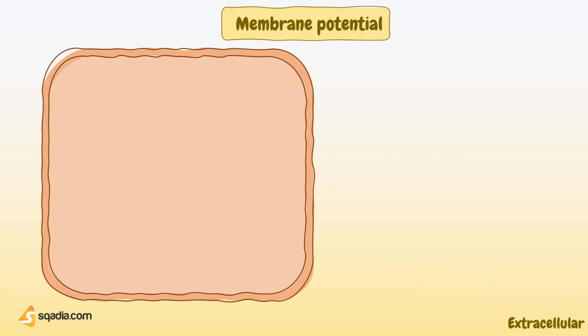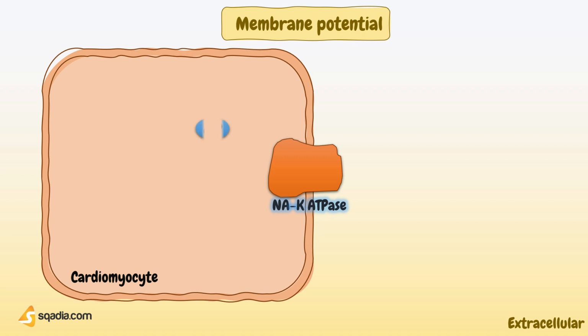Here we will talk about cardiomyocytes particularly. There is a sodium-potassium ATPase, or sodium-potassium pump. That is actually an enzyme scattered throughout the cell membrane, and it is responsible for the active transport of sodium and potassium. It utilizes the energy derived from ATP, converting it into ADP and free phosphate.